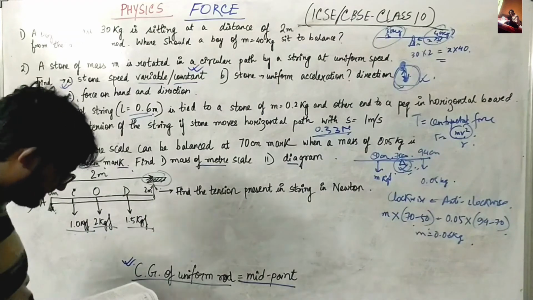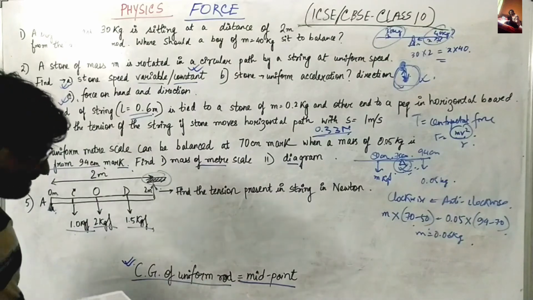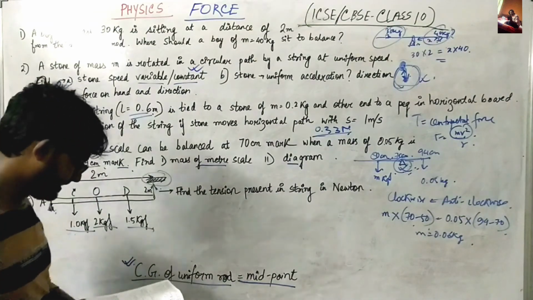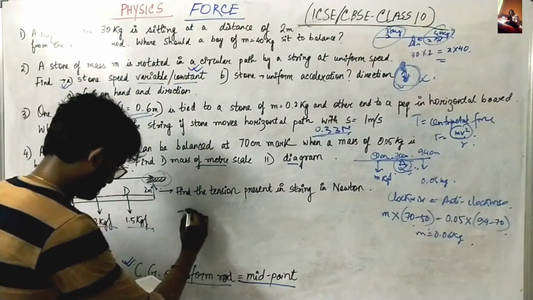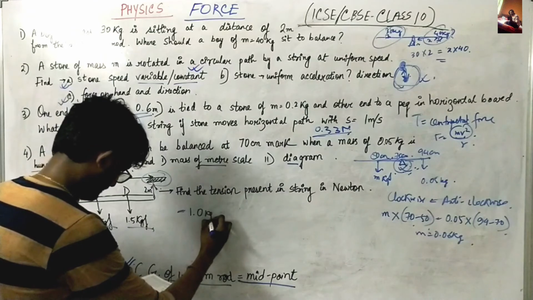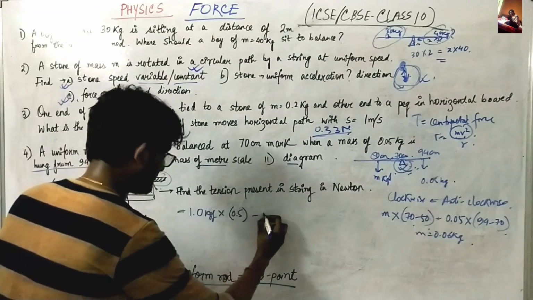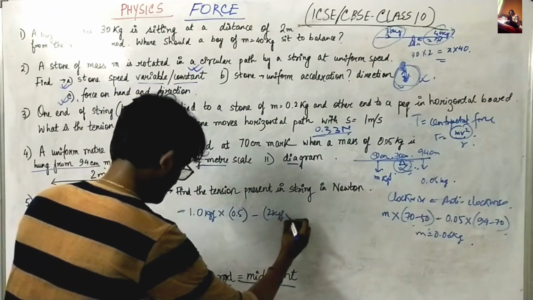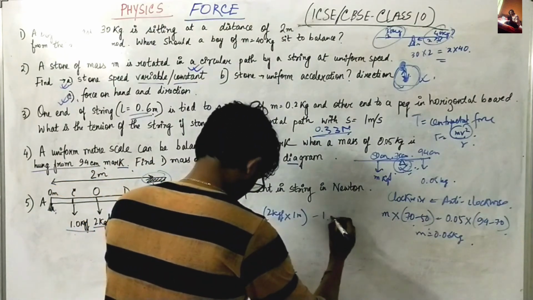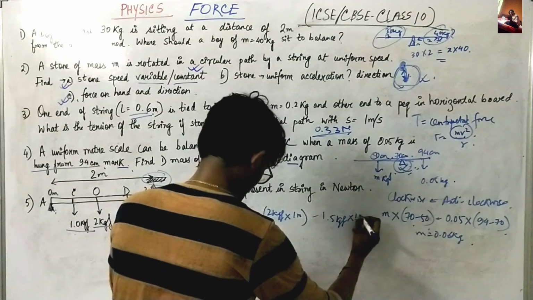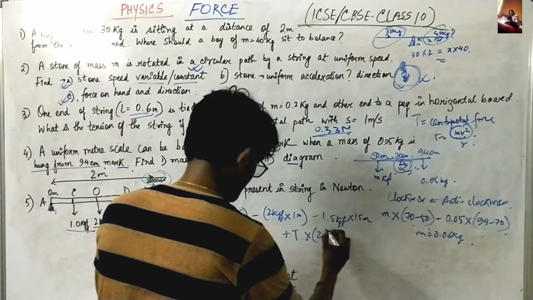So over here again the same thing, equilibrium, maintaining equilibrium at the midpoint, the total moment will be equal. So over here I will just write the equation for you guys. You can calculate it later. So minus 1.0 kg force into 0.5 meter, minus 2 kg force into 1 meter, minus 1.5 kg force into 1.5 meter, plus the tension will be equal to 0.